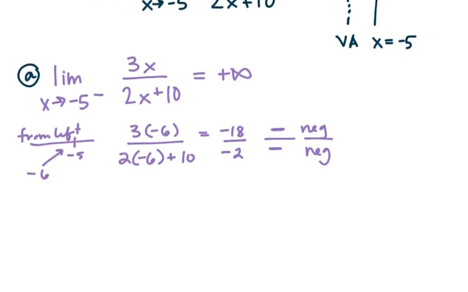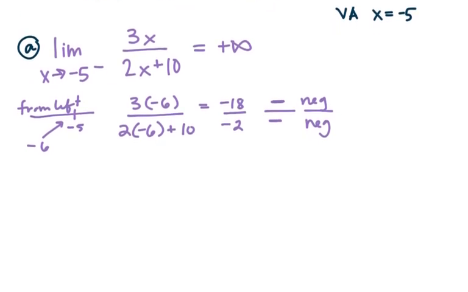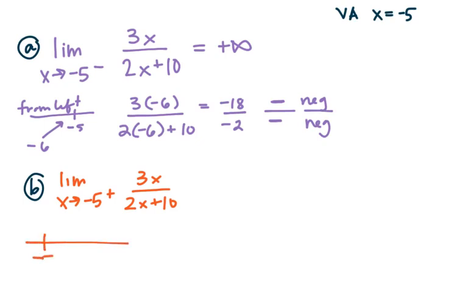So let's look at the other situation here. The other situation would be looking at the limit as x approaches negative 5 from the right of that function. So we are going to negative 5, and from the right side approaching negative 5, that could be a number like negative 4.